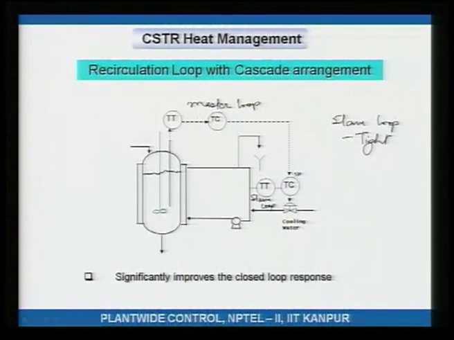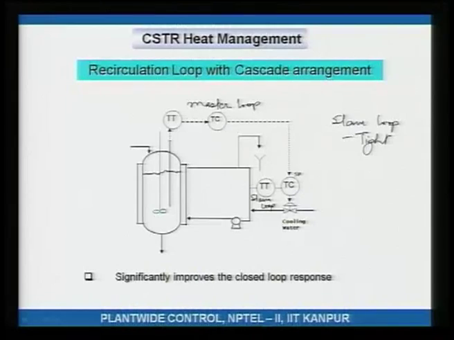So the thermal lag is actually reduced, because the slave loop is tuned to be really tight. As far as the master loop, the reactor temperature controller, is concerned, it sees an overall faster open loop system, and a faster open loop system means that you can have tighter tuning. So in this arrangement, temperature control would be tighter.